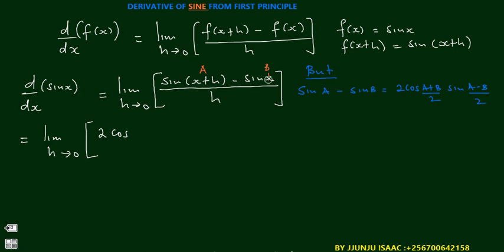So x plus x, that is 2x, then plus h divided by 2, you get x plus h divided by 2. And sine A minus B, that means we are going to take x plus h minus x. So we remain with h. So it will be sine h over 2 upon h.